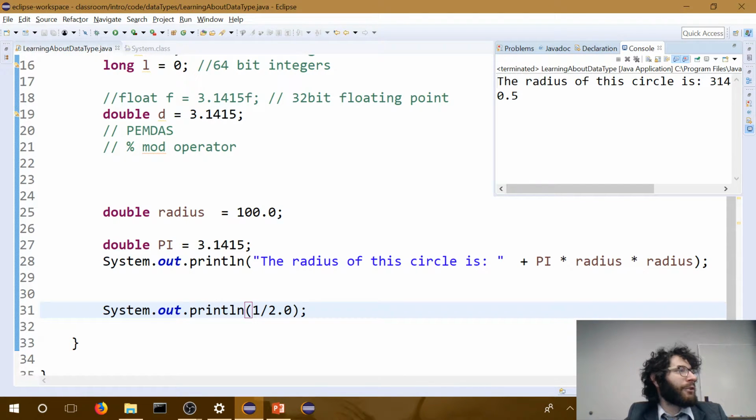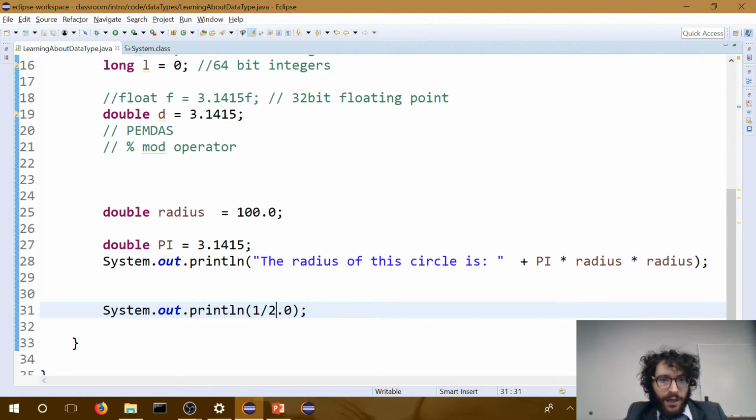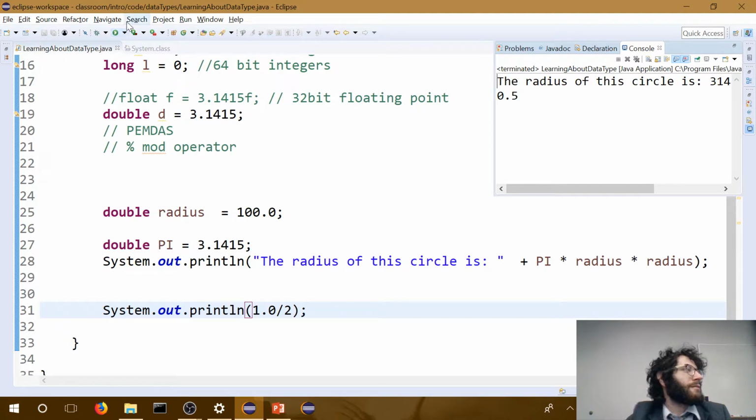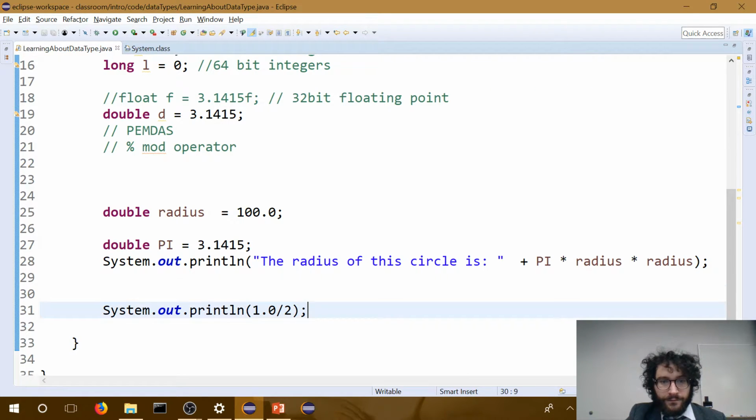So now we get 0.5. And it works the other way around. If we do 1.0 divided by 2, the 2 converts into a 2.0. So anytime integers and doubles meet, the integer converts into a double. And that's simply because doubles can represent way more values.